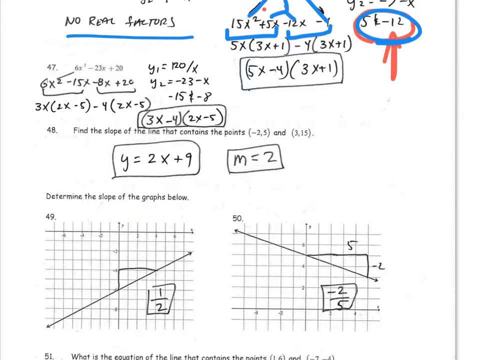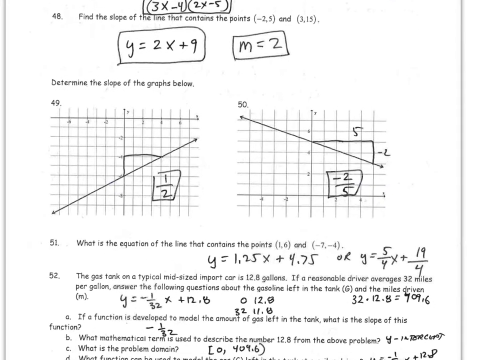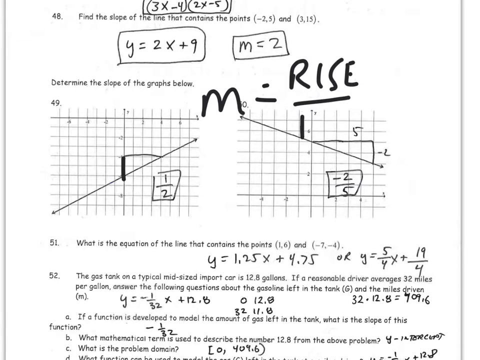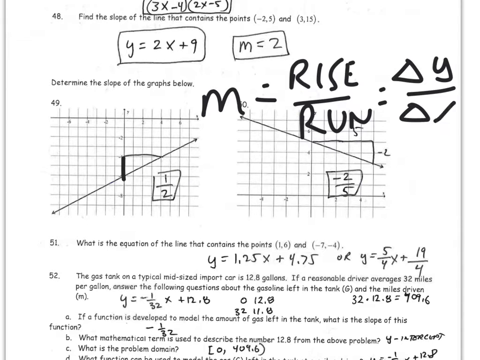Now determine the slope of these graphs. I showed you that this is 2 up. Remember, slope is rise over run, or the change of y over the change of x. Triangle means change of, delta.